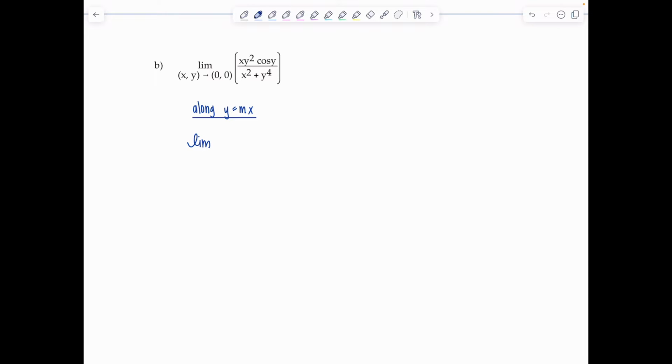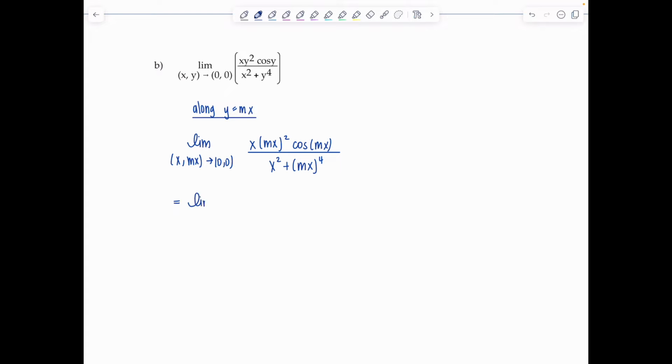So if we're going along a general linear path, we're looking at the limit as (x, mx) approaches (0,0). And I'm going to substitute in mx everywhere I see y. So I have x times (mx) squared cosine of mx over x squared plus (mx) to the fourth. Good?